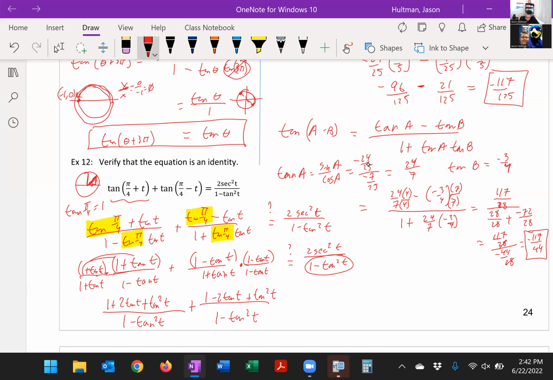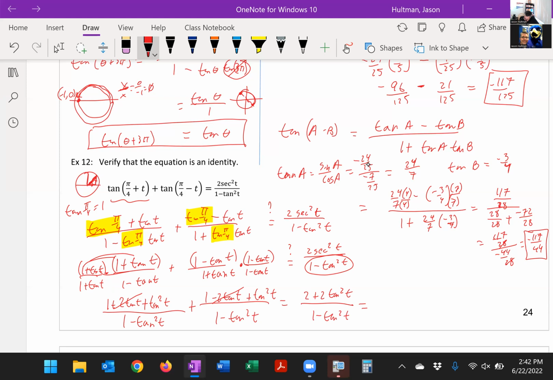Okay, and then if I were to combine the numerator, the positive 2 tangent t and the negative 2 tangent t, those cancel out. And so if I were to add these, I would end up with 2 plus 2 tangent squared t all over 1 minus tangent squared t.